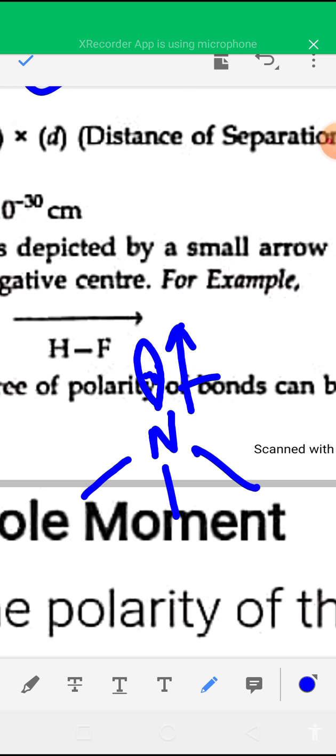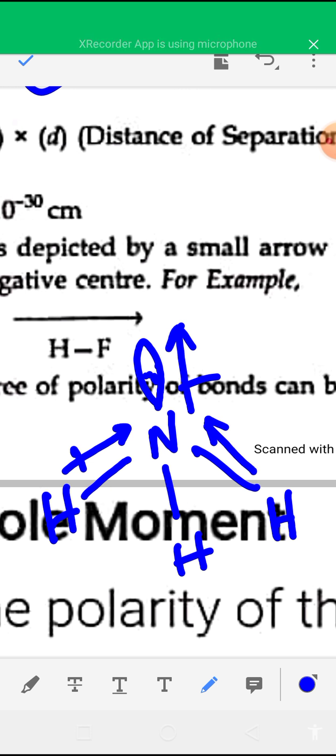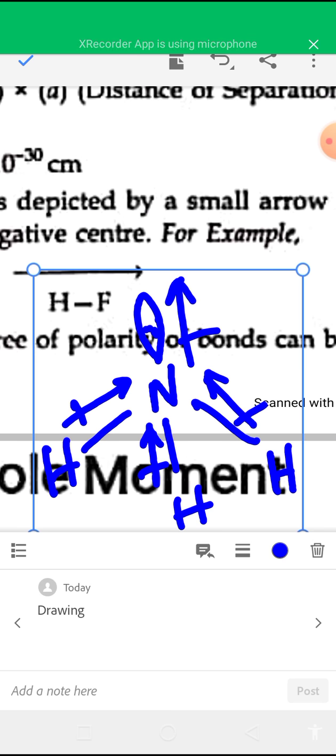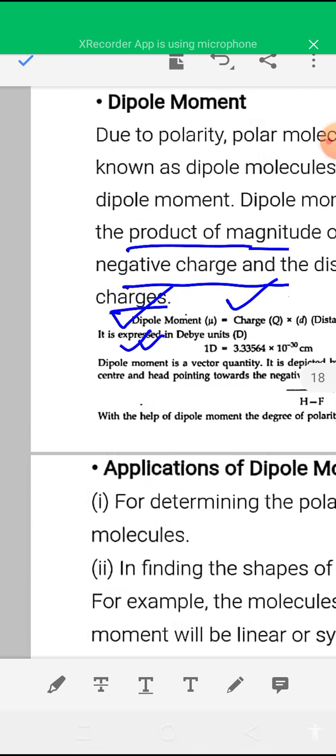The movement of all the 3 hydrogen-nitrogen bonds is towards nitrogen, because nitrogen is more electronegative than hydrogen. You have to show the bond movement of each bond by giving an arrow like this. So ammonia is a polar molecule.